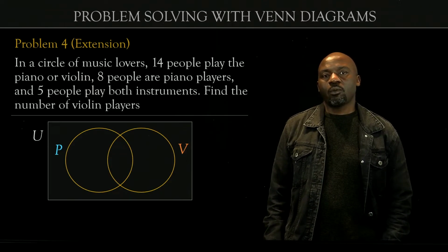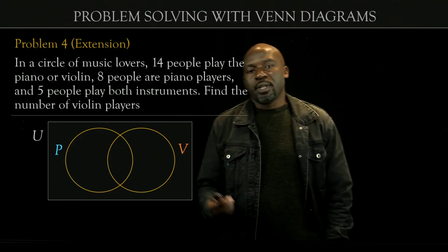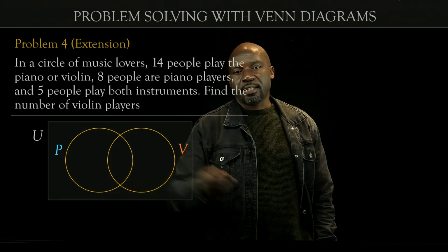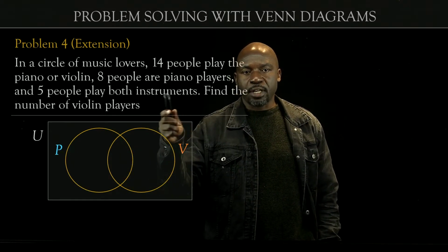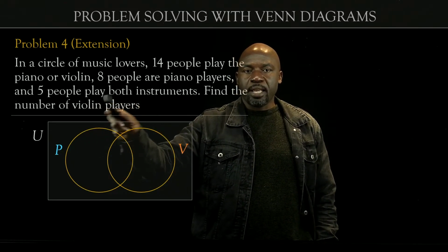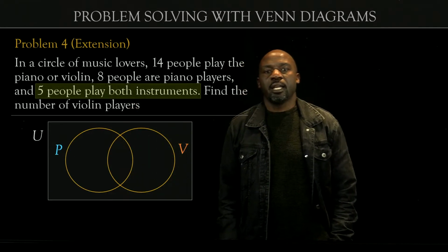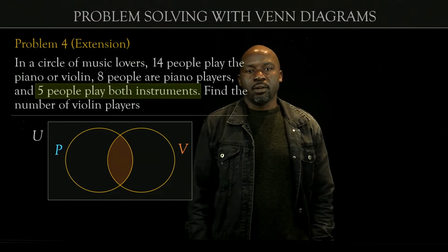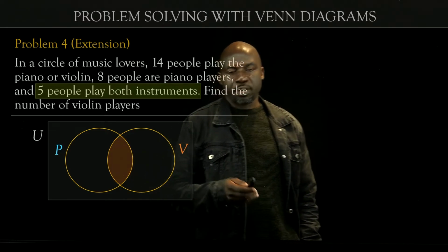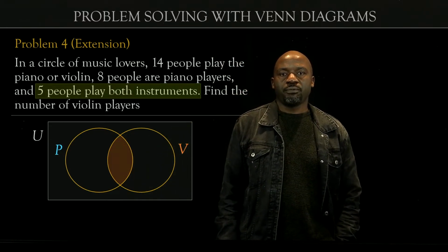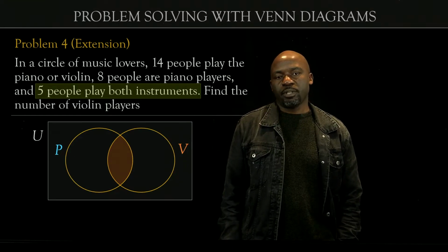Looking at the question, we always start by looking for the intersection. So we are told, if you read carefully, 5 people play both instruments. So that implies that the dark orange section there refers to the people who play both instruments. So we can place 5 there.